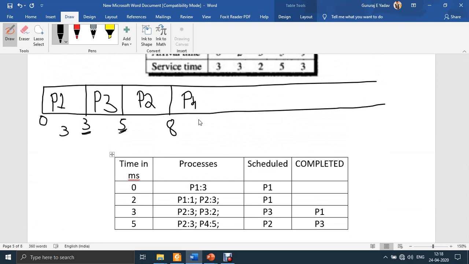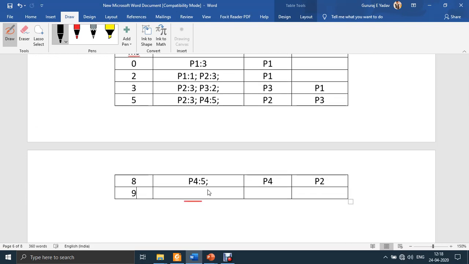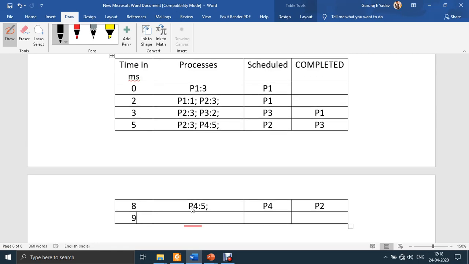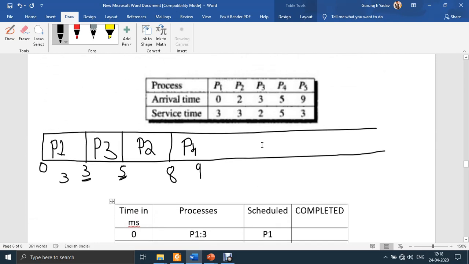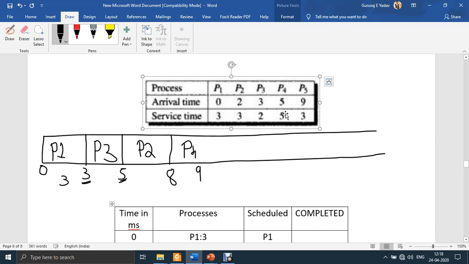So at time interval 9, what will happen? A new process is entering. Along with the new process, the previous process P4 is also present. It has not yet completed. What is the remaining execution time of P4? P4 required 5 milliseconds to complete.